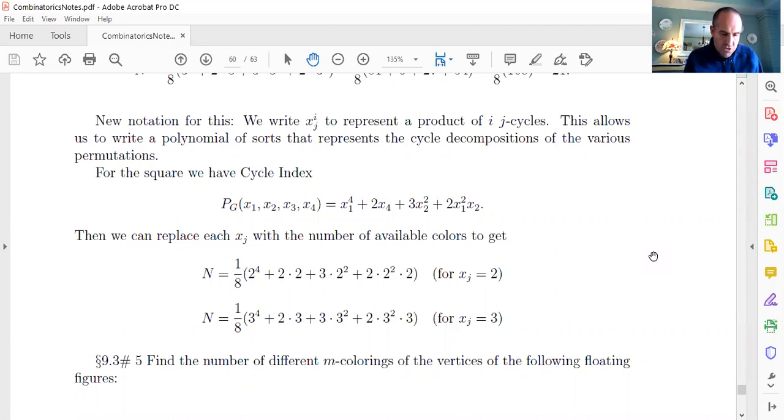Here's a little notation we'll be using. We'll write x sub j to the i to represent a product of i j-cycles, where a j-cycle just means a cycle of length j.